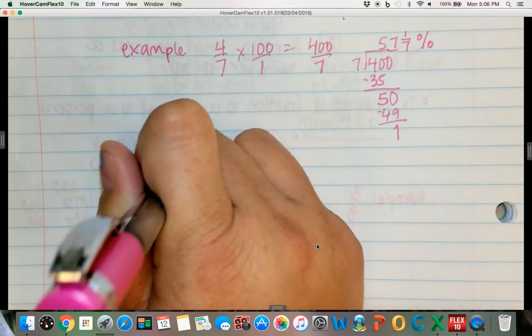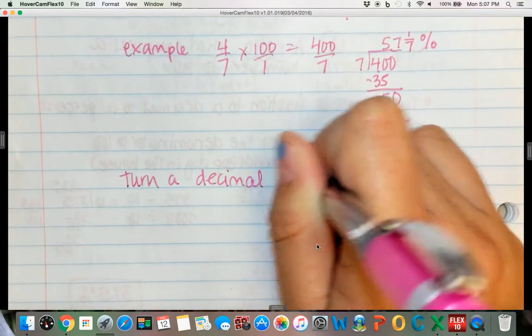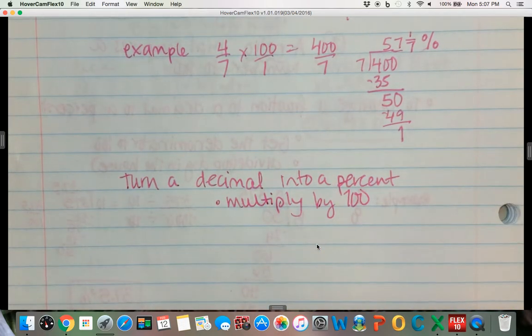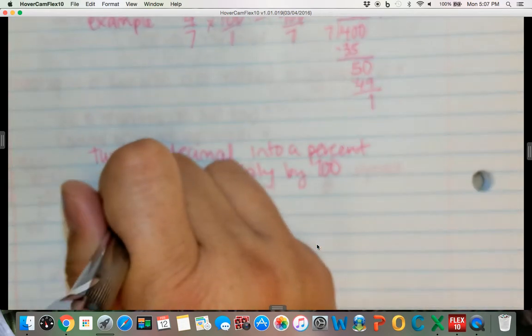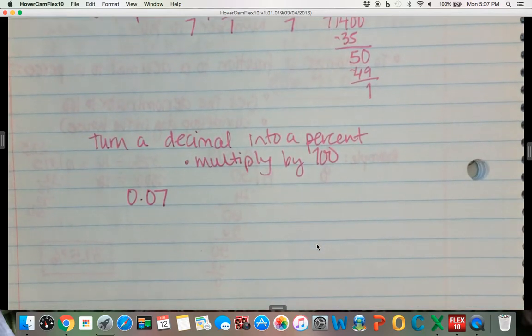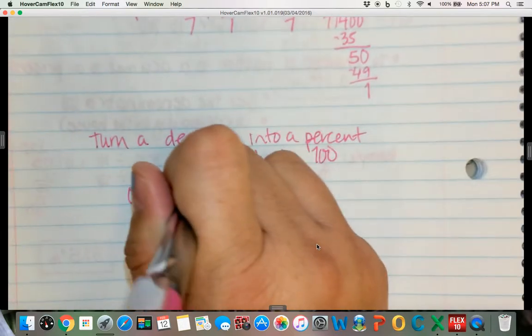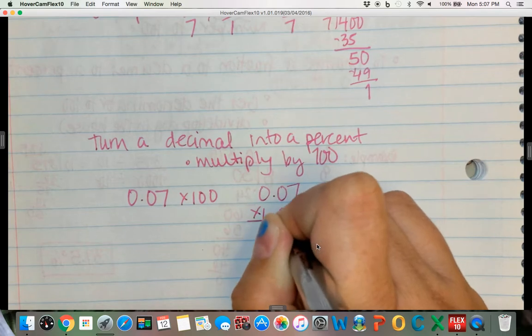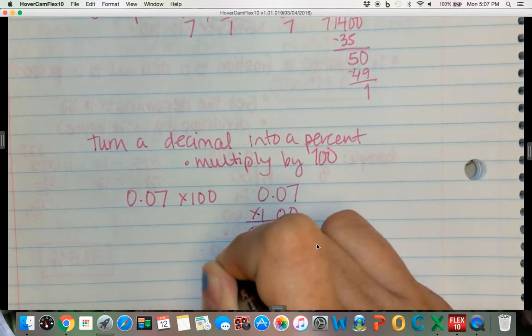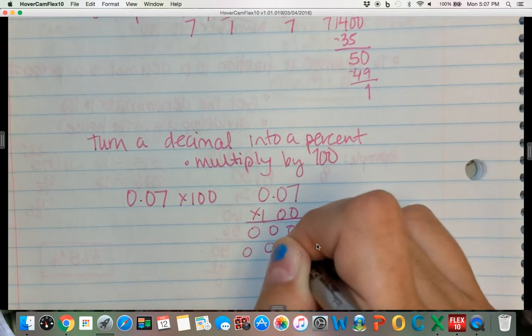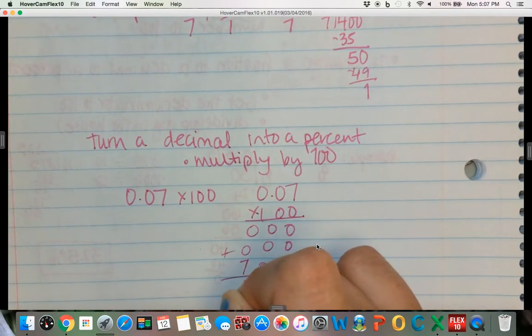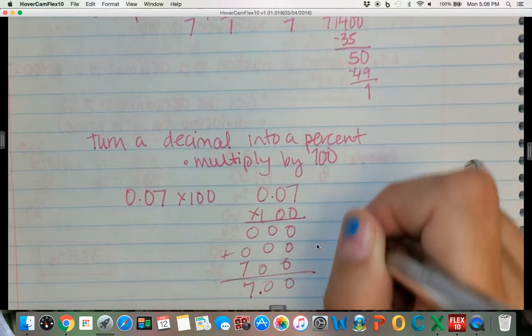So for example, I'm going to have 0.07, which is 7/100, multiplied by 100 means I move this decimal over twice, or I can do the actual work. Which is 7.00, which is the same as 7%.